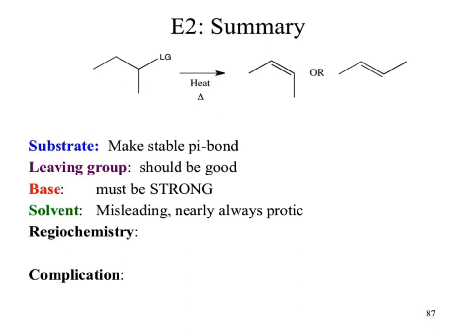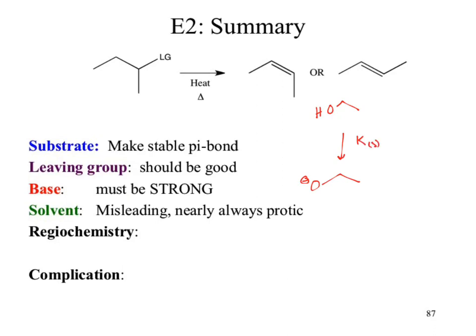The base is almost always like an ethoxide. Well, why would that be a problem? Where did I get the ethoxide from? That came from reacting ethanol, a protic solvent, with something like potassium metal.